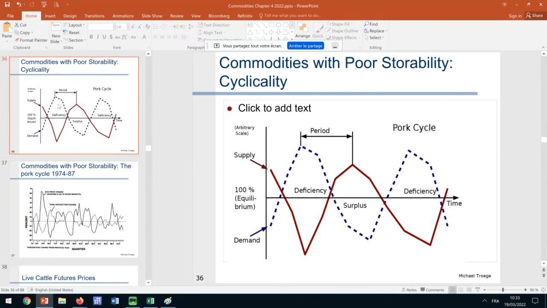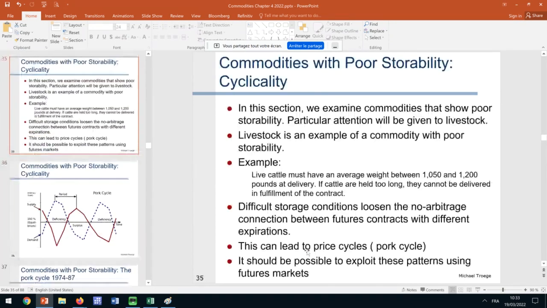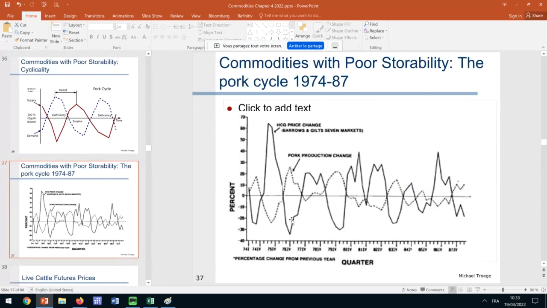This is the stylized example. So what you get is a price decrease. The black line is the price change, and this is the pork production.